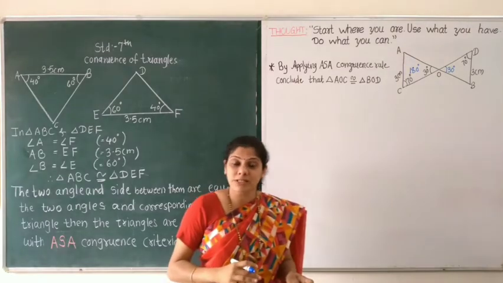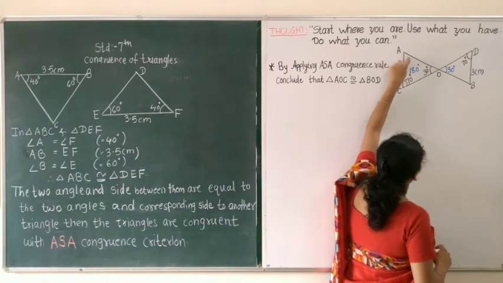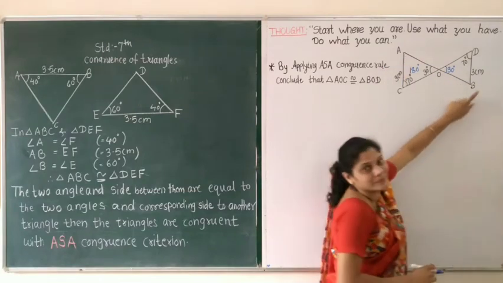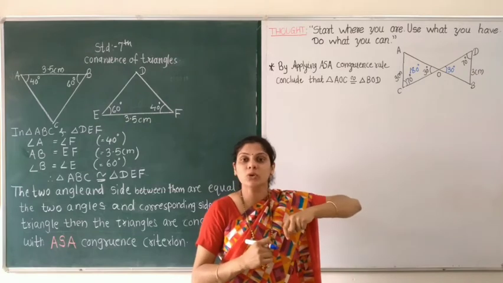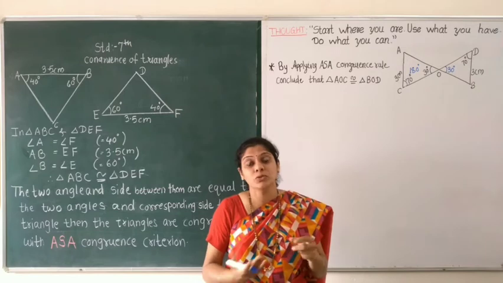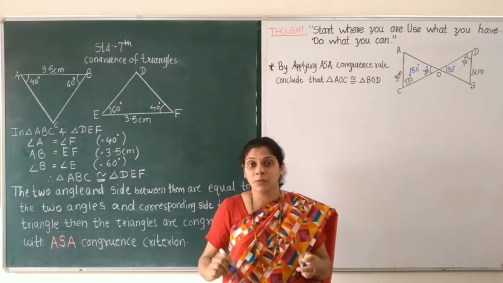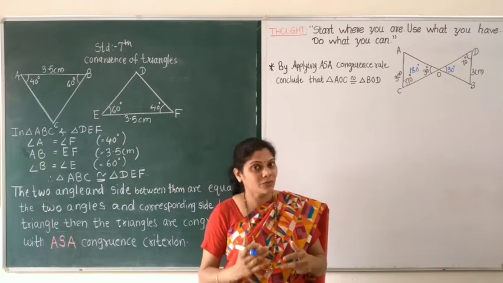With the help of this rule, I can find out the measurement of angle A and angle B. We have to solve this orally, because for a competitive exam we don't have much time to solve in a proper way. We have to calculate it orally. So we will try this.